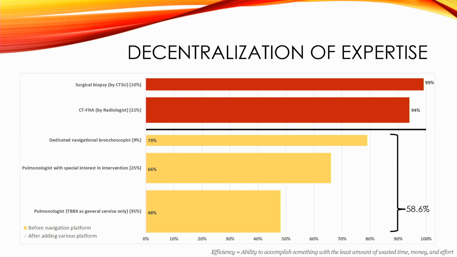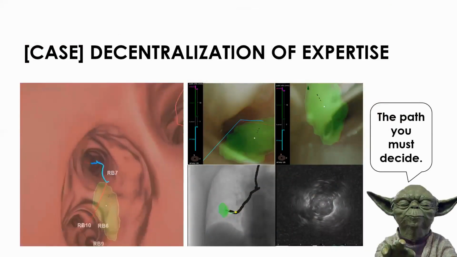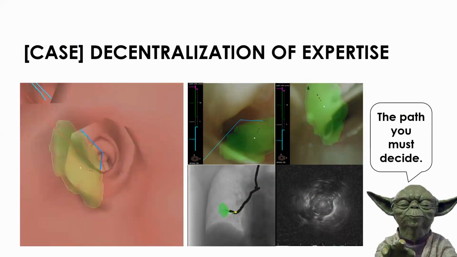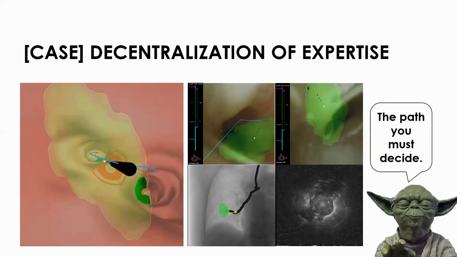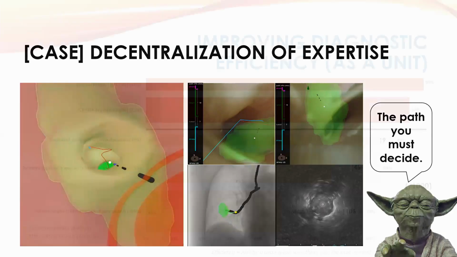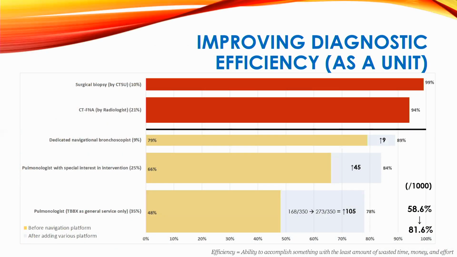And if you can introduce something that has almost no running costs, like a VBN system, then we can finally offload a lot of these cases to our other colleagues, and they will feel confident that they can do these cases and give a positive diagnosis. And this makes a difference. And the difference can be quite marked if you put it into numbers.